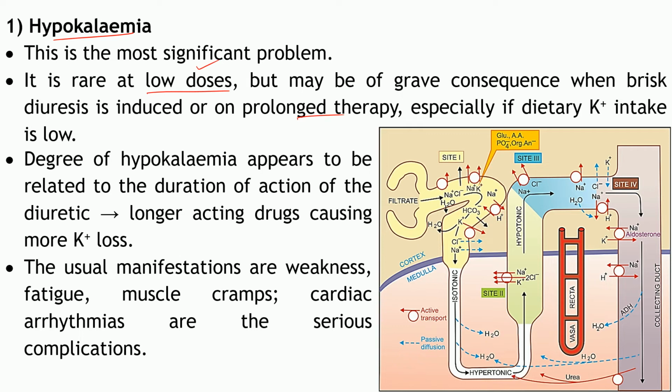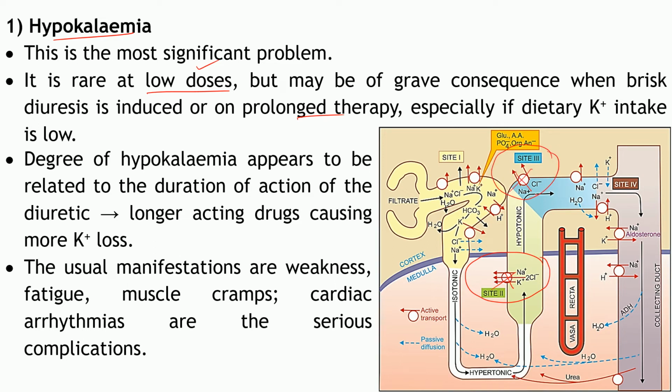Now, why is this happening? That's because the high-ceiling diuretics act at this particular level, right? So it will inhibit this transporter, and by inhibition potassium excretion is enhanced. Then the thiazide diuretics act at site 3, so this transporter is inhibited.